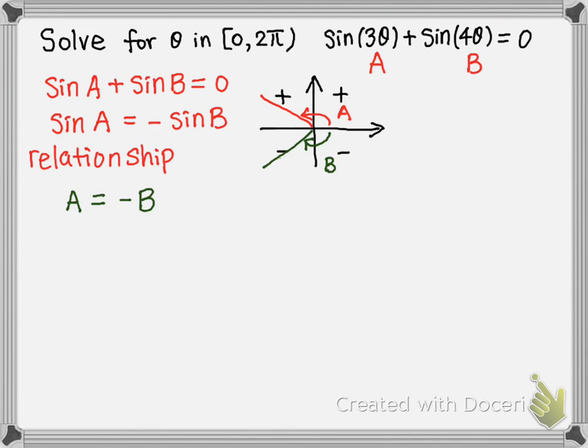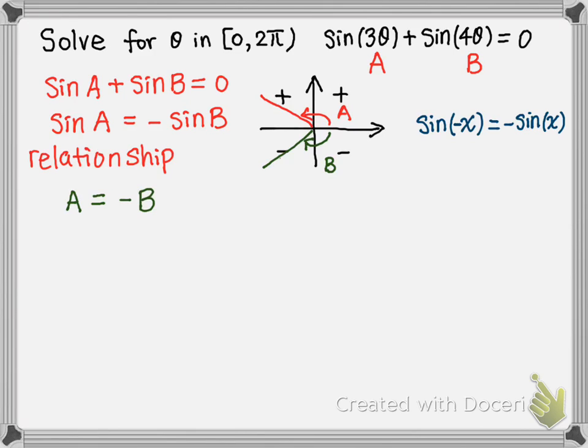There's only two possibilities. Either A equals negative B. And you can even imply this relationship by looking at the identity. The identity tells us that sine of negative x equals negative sine of x.